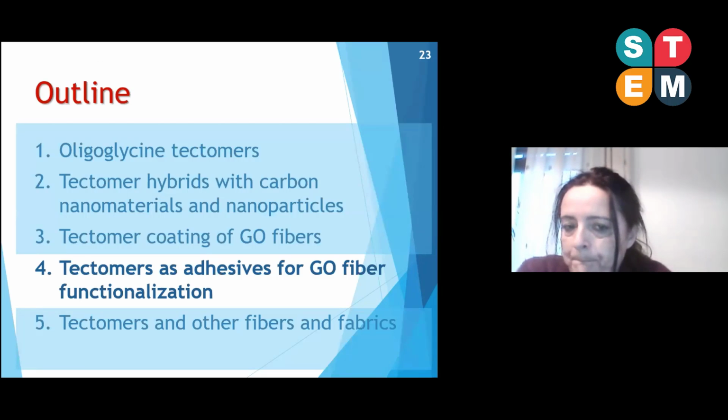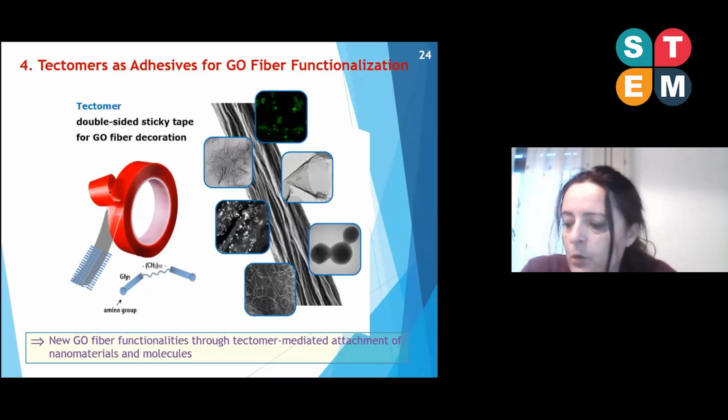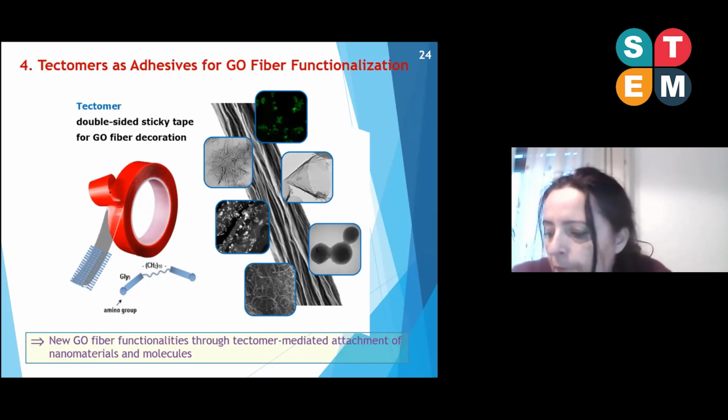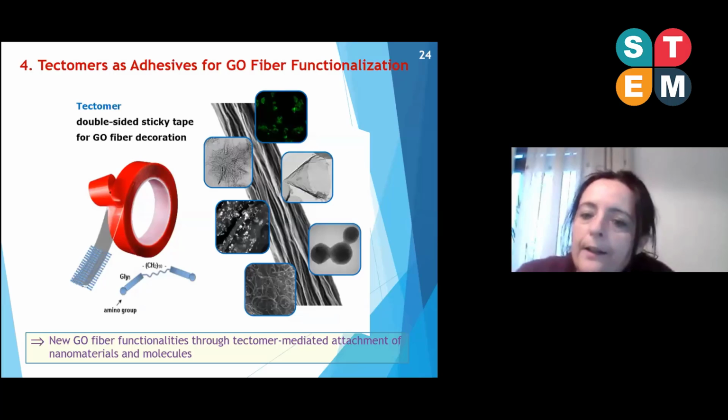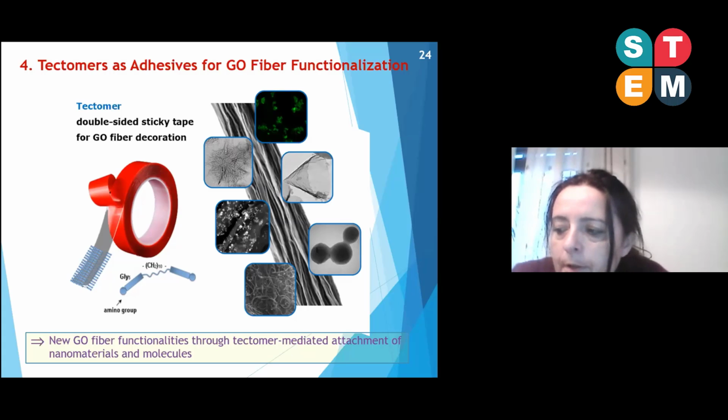Moreover, we have exploited the strong hydrogen bond-based interaction between Tectomers and GO to functionalize GO fiber surfaces with different carbon nanomaterials, using Tectomers as double-sided sticky tape for GO fiber decoration.